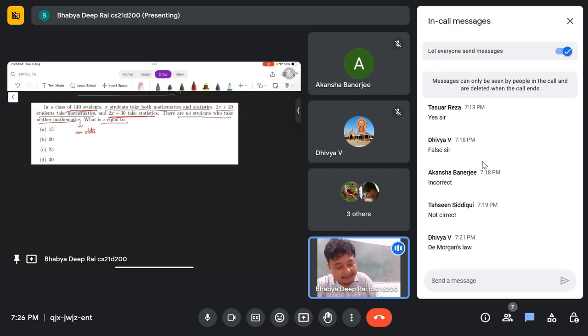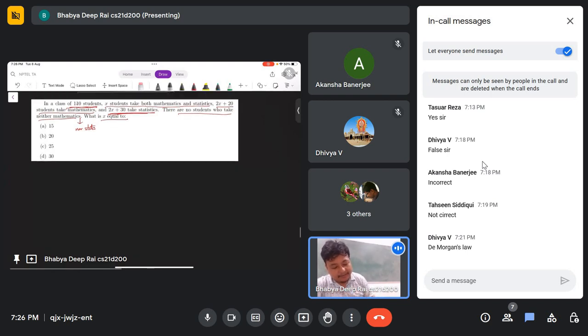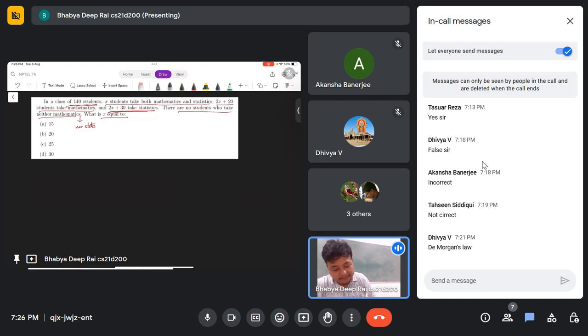Now let us collect all the data. I'll tell you guys to try and solve it, but first let's collect all the data. In a class of 110 students, so the size of the universe is 110. x students take both mathematics and statistics.